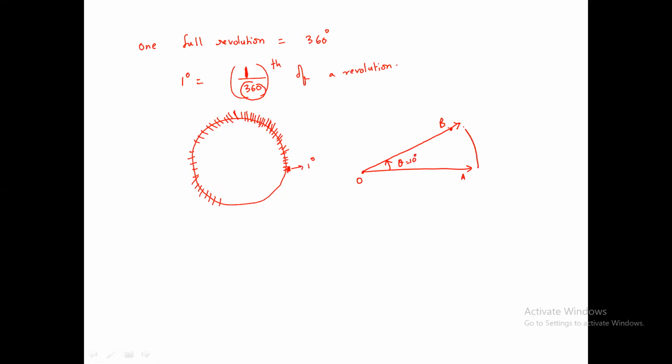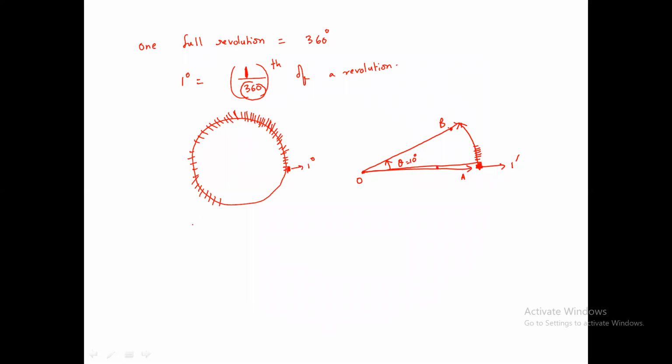So this 1 degree, I'm dividing it into 60 parts. 1, 2, 3, 4, 5, 6, 7, 8, like that, dividing into 60 parts. Each part, that means if I draw a small angle here, this angle, each small part, will be 1 minute.